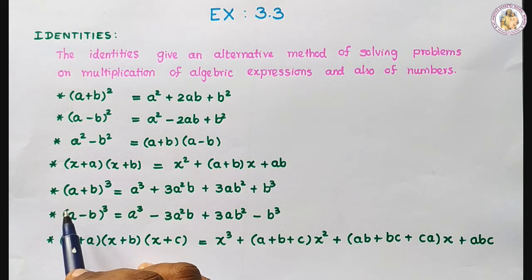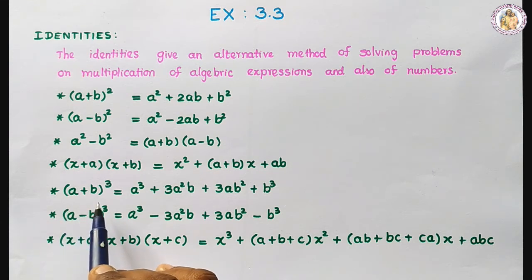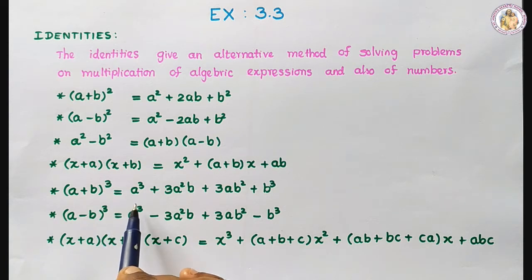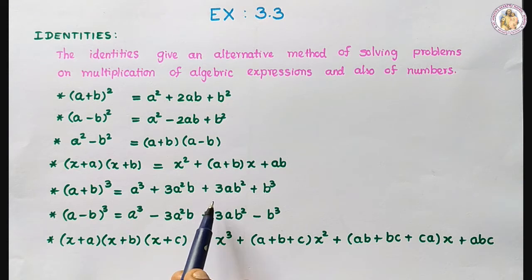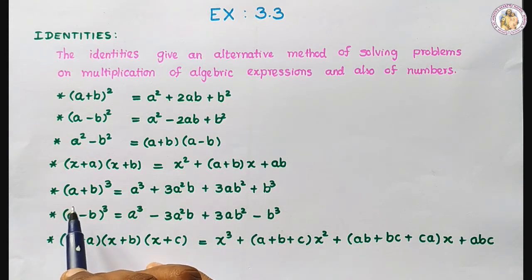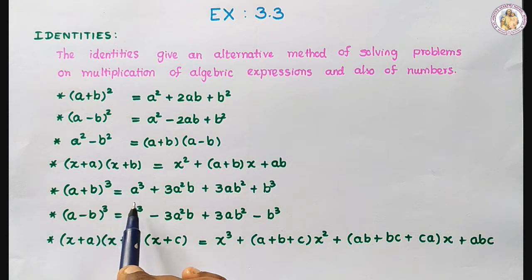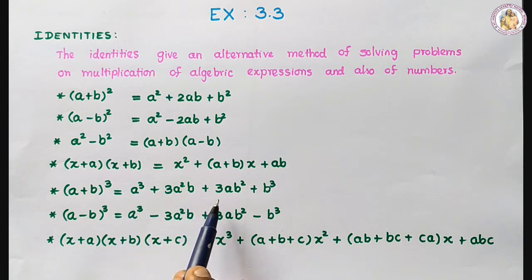And then A plus B whole cube equal to A cube plus 3A squared B plus 3AB squared plus B cube.